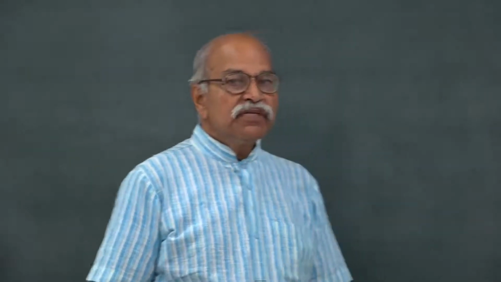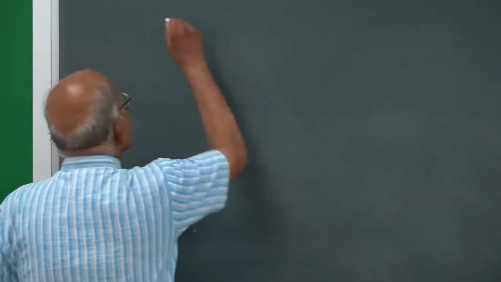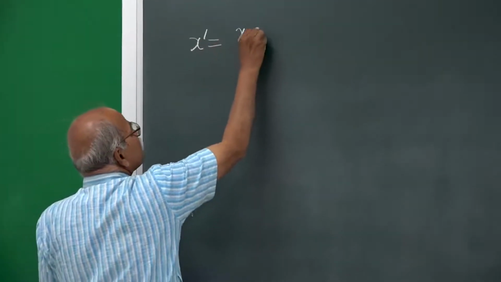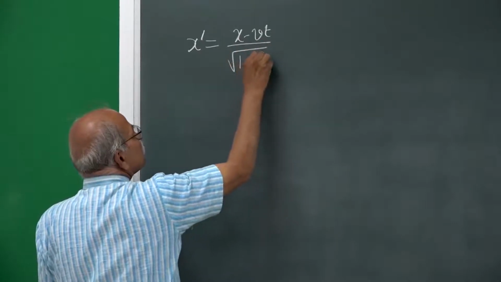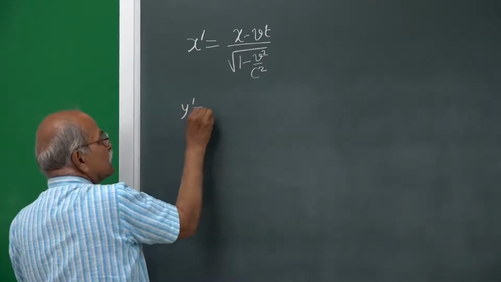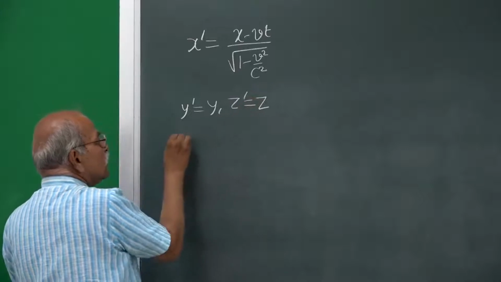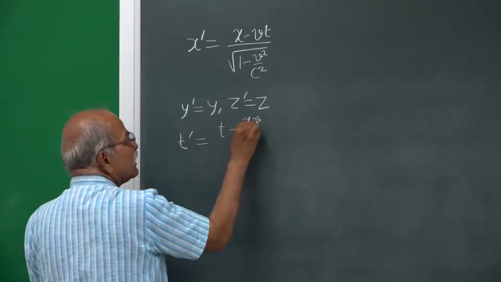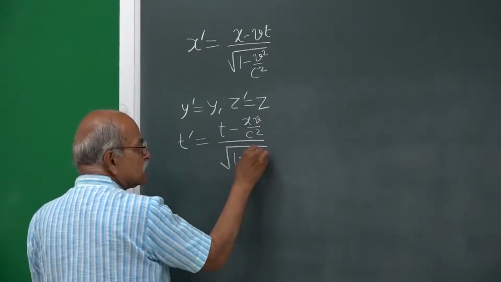And the transformation equations that we got are x prime is equal to x minus v t over square root 1 minus v square by c square, y prime is equal to y, z prime is equal to z, and t prime is equal to t minus x v by c square, over square root 1 minus v square by c square.